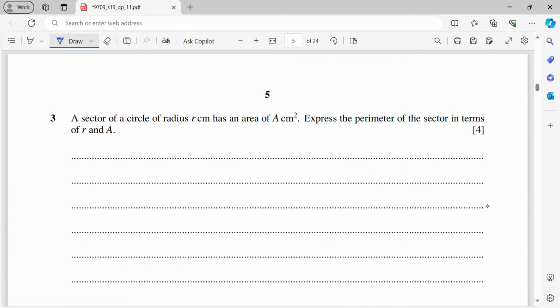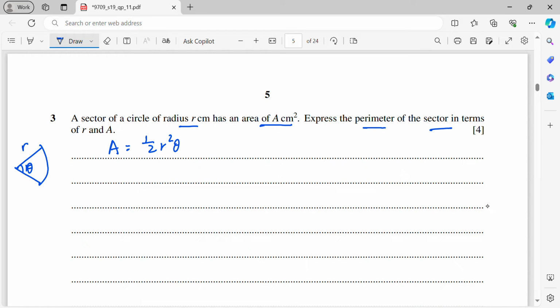Now for question number 3, a sector of circle with radius r has an area of A centimeter squared. Express the perimeter of the sector in terms of r and A. Let's say for example, this is the sector. Here is R, this is theta. We know that A is the area of sector, that is half R squared theta.